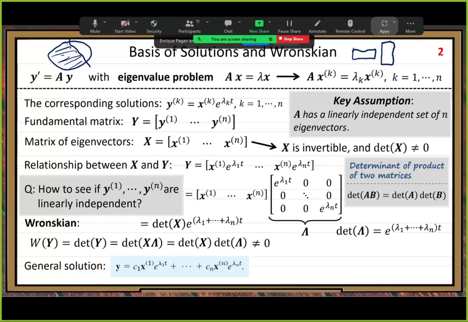These two numbers together form the coefficient of each eigenvector. So that's one way to look at the linear combination. There is a second view.